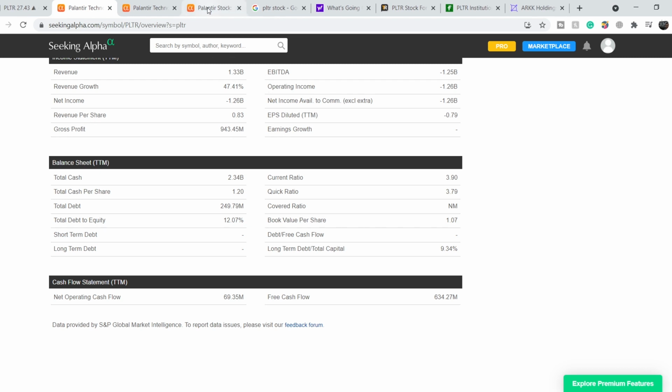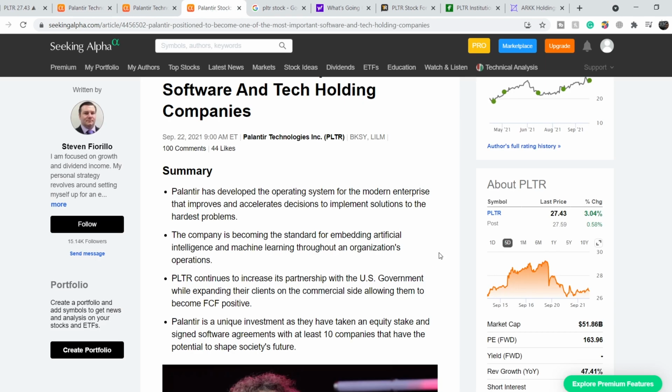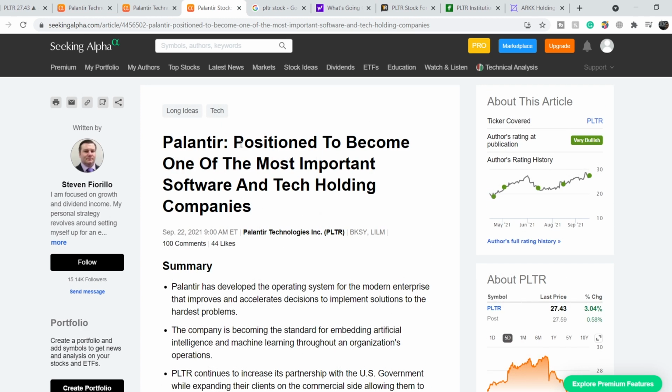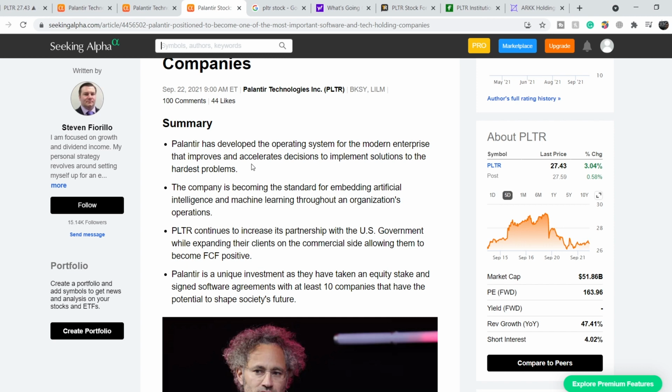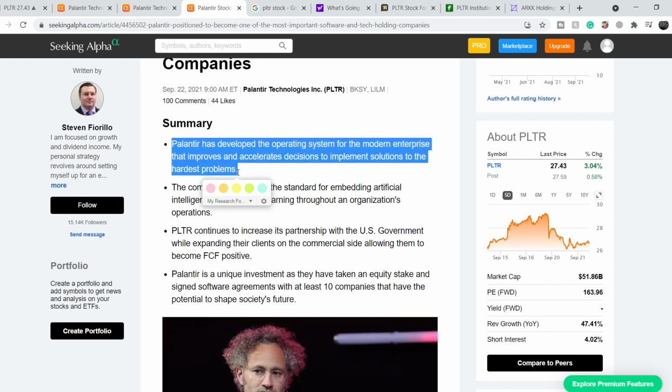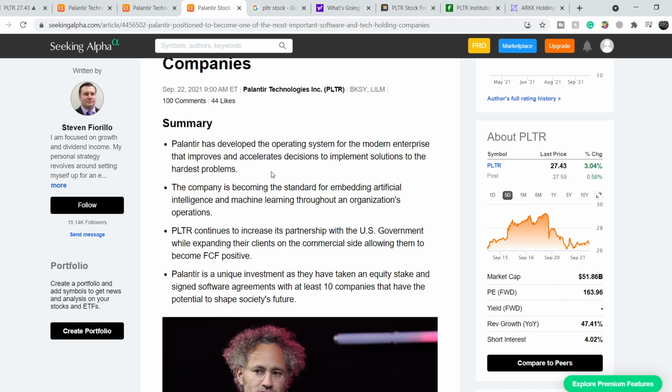So let's continue with some news, and we are on Seeking Alpha. This article was published on September 22nd, and it's titled Palantir positioned to become one of the most important software and tech holding companies. Let me quote you the summary. Palantir has developed the operating system for the modern enterprise that improves and accelerates decisions to implement solutions to the hardest problems.